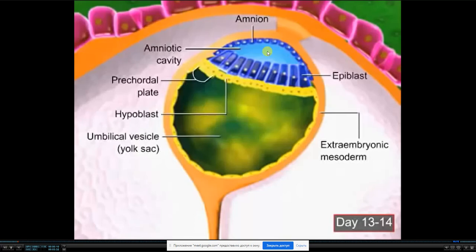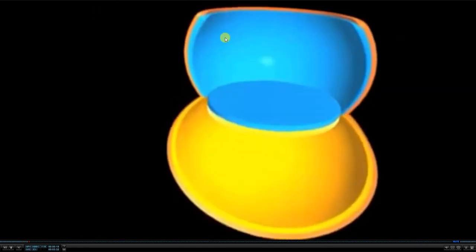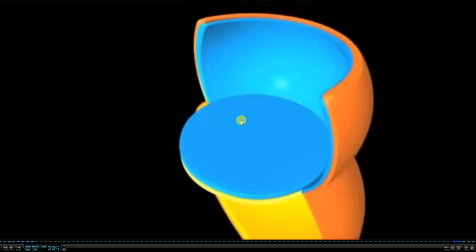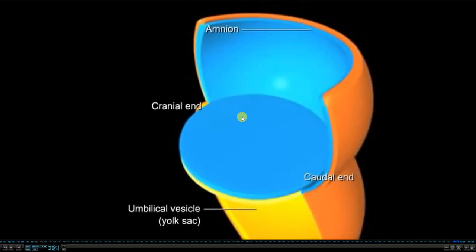Here we have the connecting stalk, which is necessary further for blood vessel formation. Now let's imagine it like two bubbles present here. That's an oversimplification of the process, but still keep it in mind.